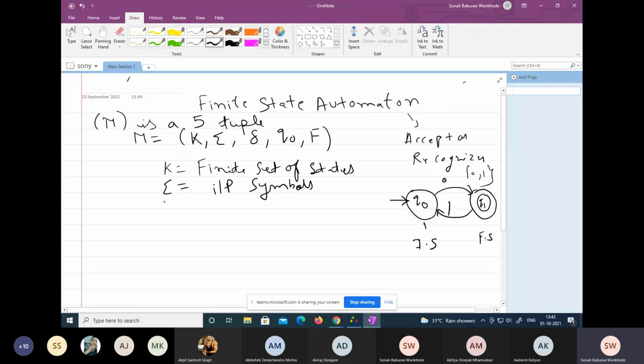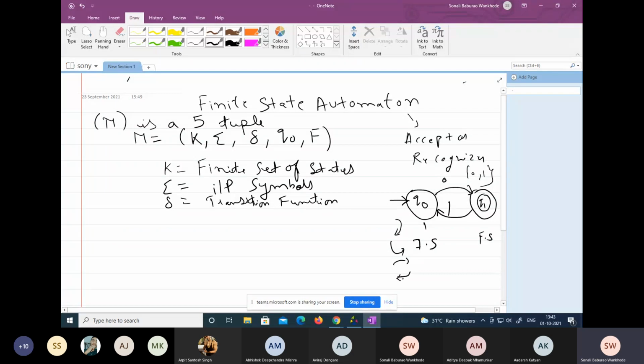Similarly, what is delta? Delta is called a transition function, or a mapping. It is represented by these arrows, which can go clockwise or anti-clockwise, towards right or towards left.